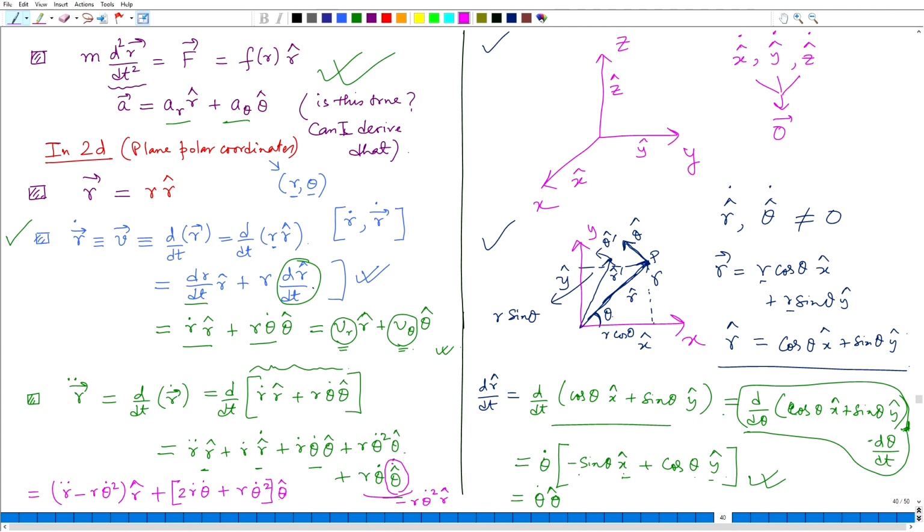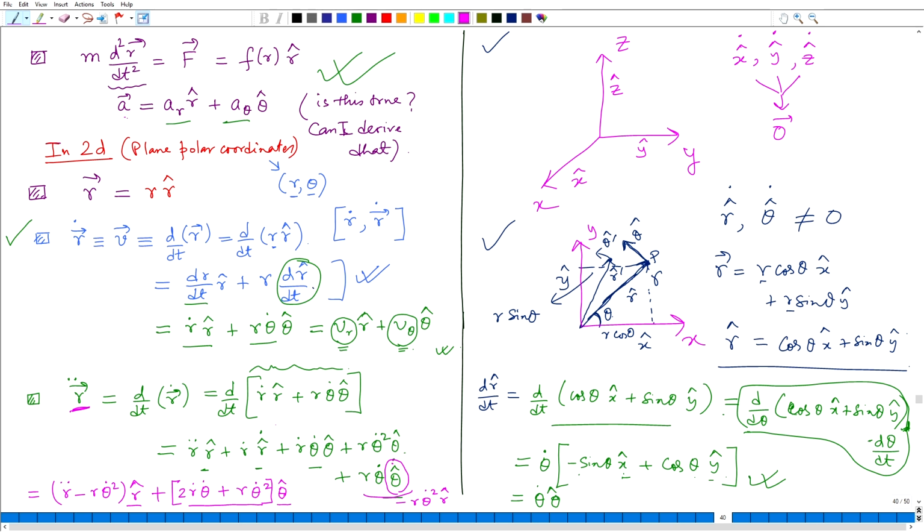Okay. So, you see that this acceleration has two parts. One is along the r cap direction, one is along the theta cap direction. Okay. So, now if I take this expression, 2 r dot theta dot plus r theta dot square. Okay.